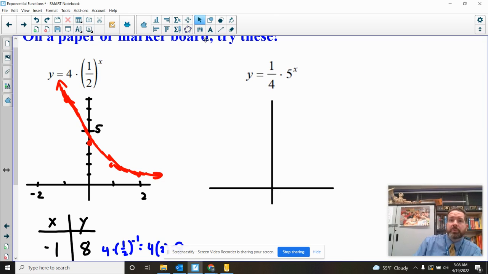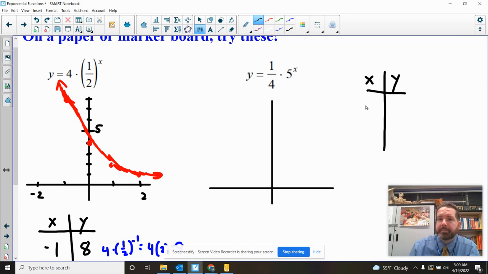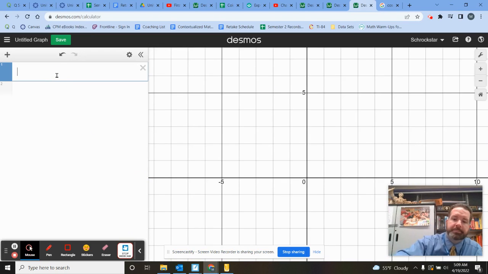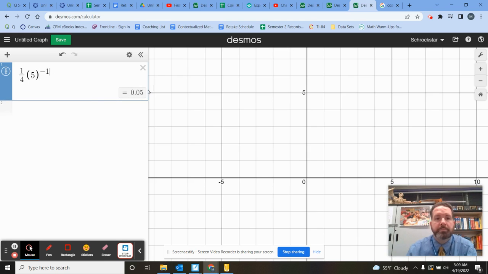Same deal. Why don't you do yours on your marker board or on your paper, and then we will check in just a little bit. So that's real tiny.